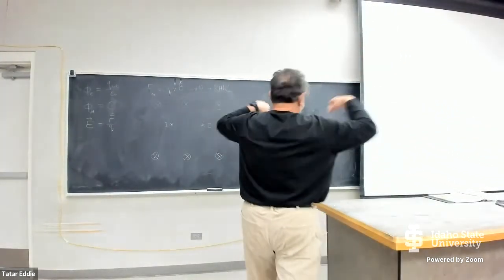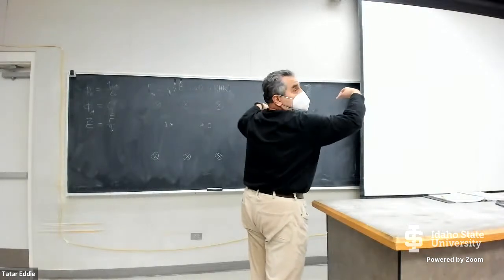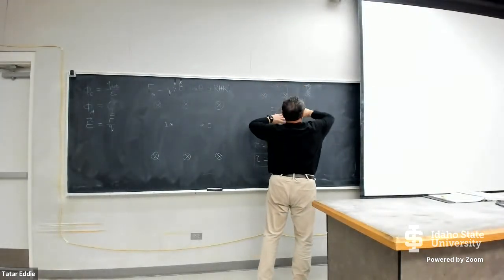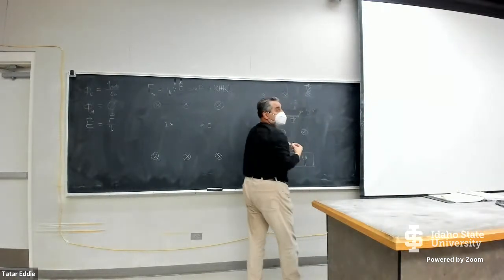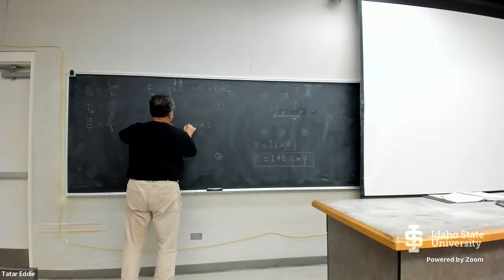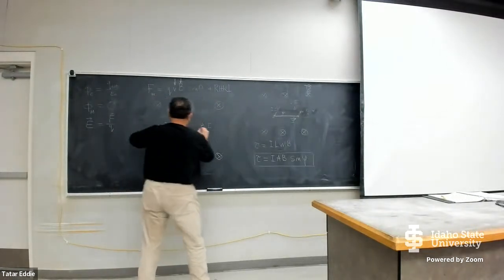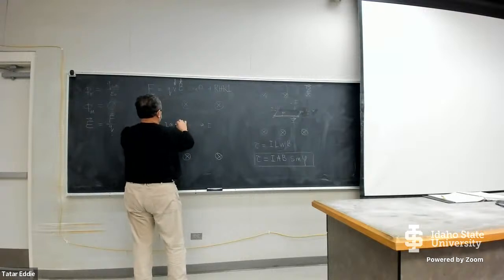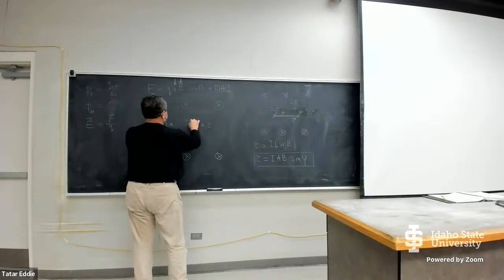Well, the magnetic field is into the board, and the frame is partially rotated. When the frame is like this, the current on the front side is flowing this way. On that side, you have the magnetic force this way.